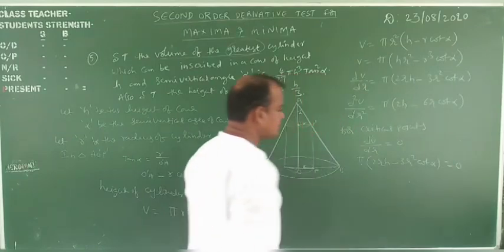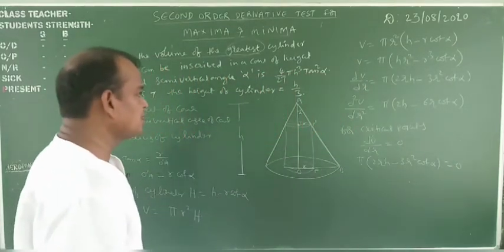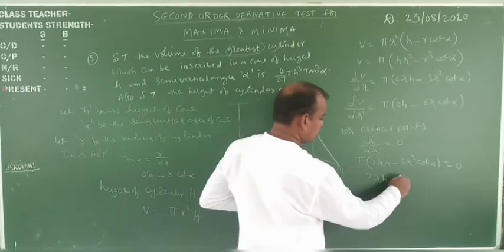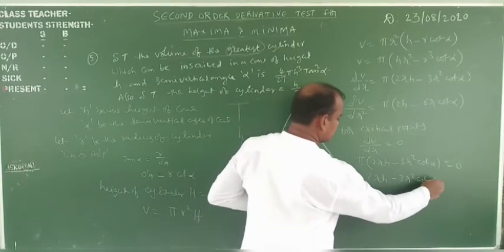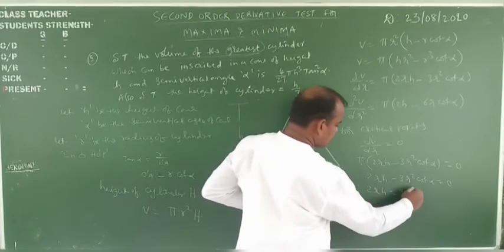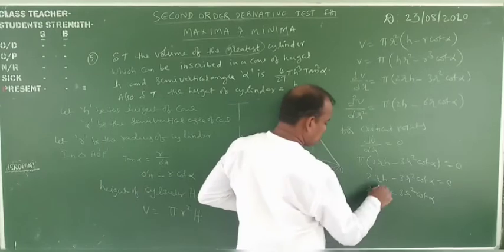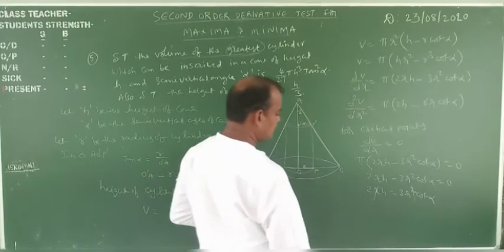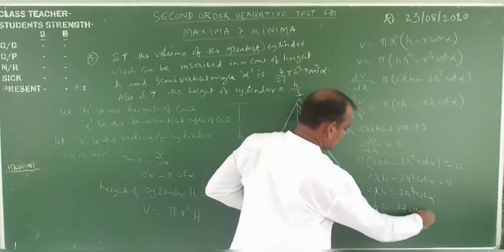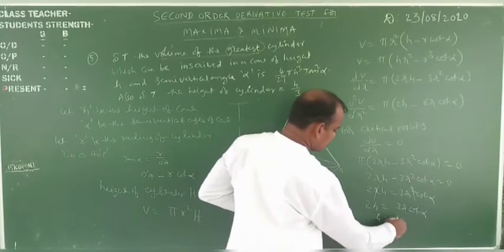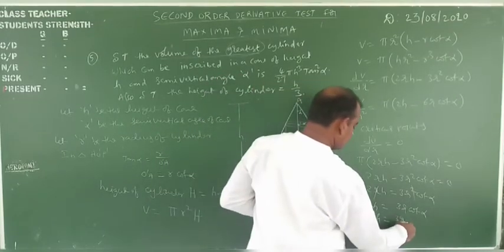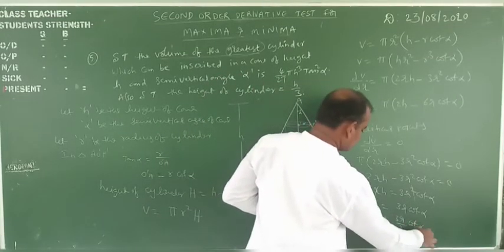So 2rh is equal to 3r square cot alpha. R cancels, so 2h is equal to 3r cot alpha.